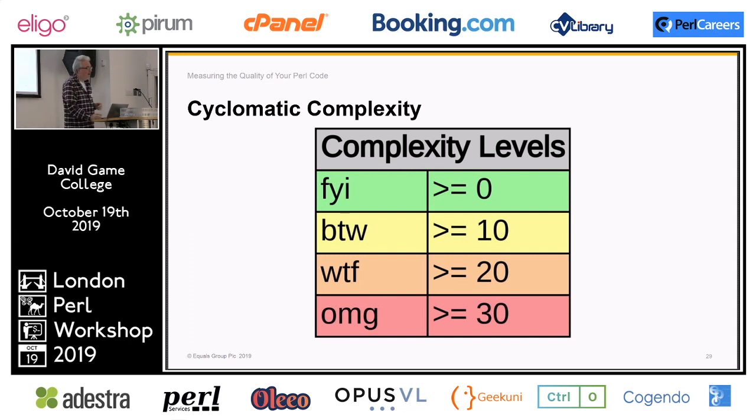And then the first time that I actually ran this against a client's code base, and I will not tell you which client this is, there were modules that came out with complexity scores in the hundreds. But then, you know that this code is bad when you look at a subroutine and it's 300 lines of code in a single sub.